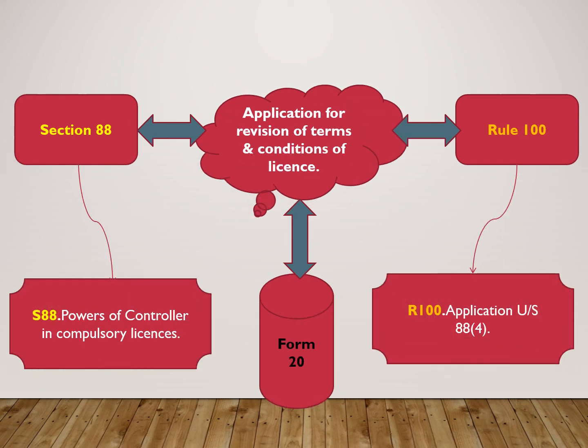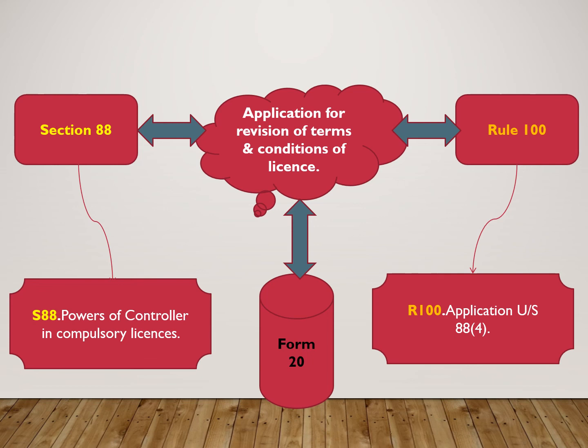The title is Application for Revision of Terms and Conditions of License. The related section is 88. The related rule is 100. Section 88 says powers of controller in compulsory licenses, and rule number 100 says application under section 88 subsection 4.